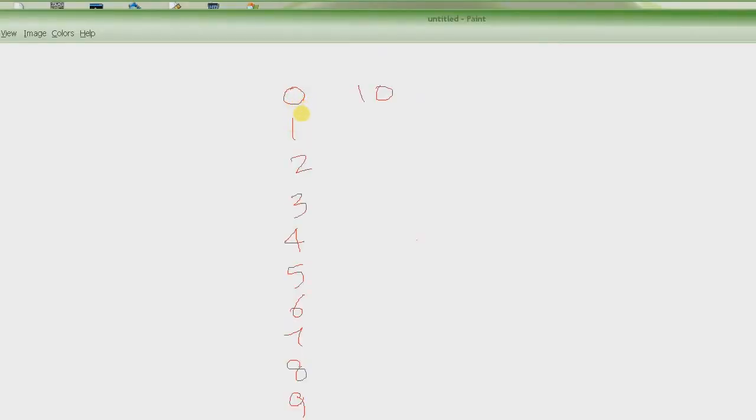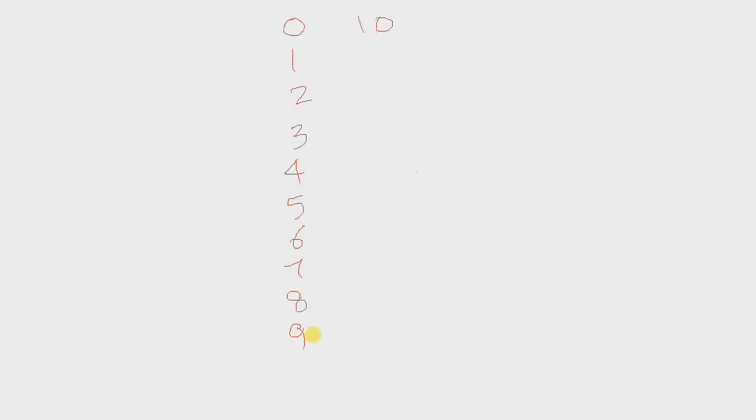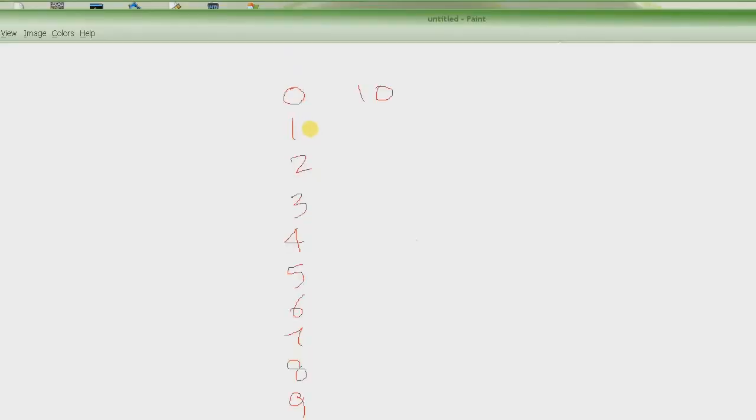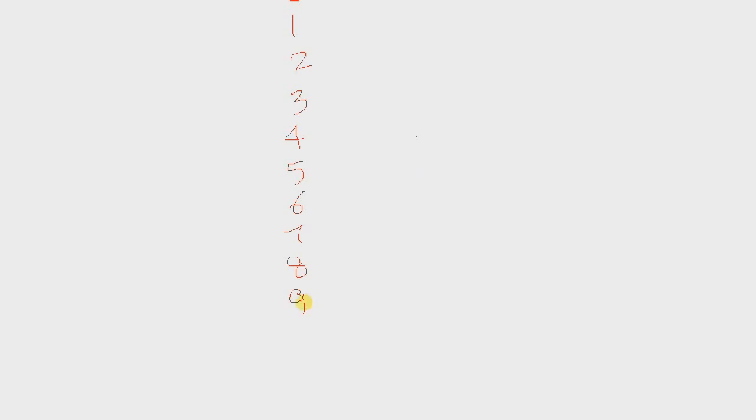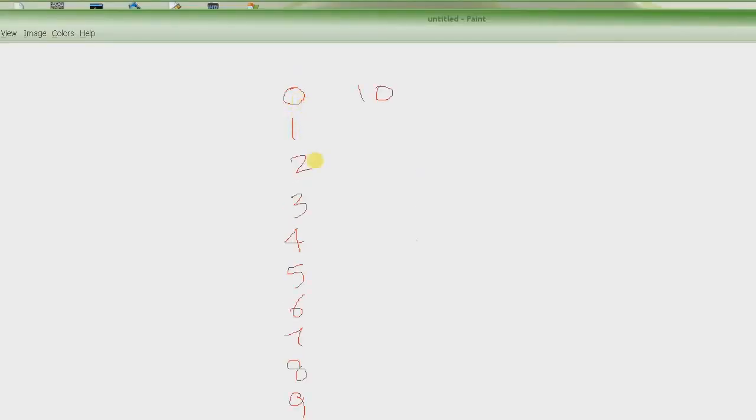So what happens if you start from 0 and get to 9? What do you do at that point? You just ran out of digits. The way the next number, 10, is made is this: there is nothing after this 9, so we reset it to 0.